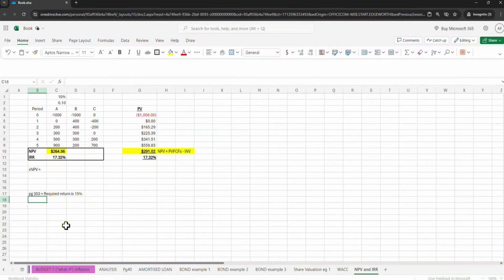Okay, so when I'm looking at cash flows, we need to go to the right page. Back to the page that we're looking at. Okay, so you have cash flows here, cash flows for a period.